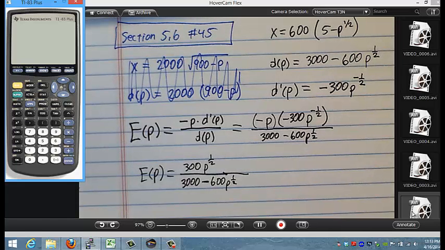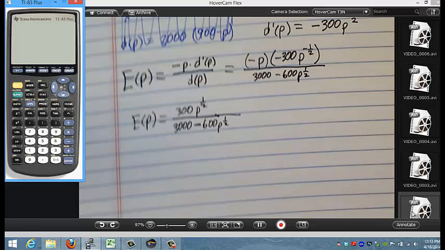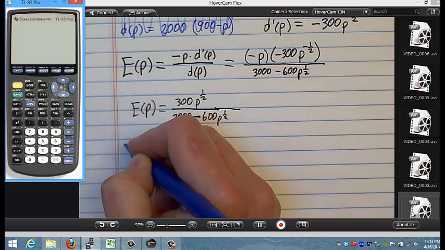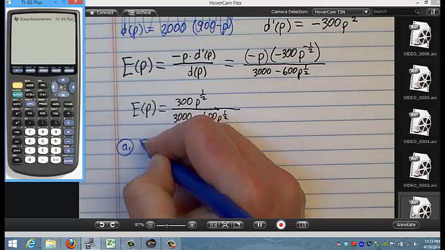All right. So now let me show you what I would do. I'm going to take this function. I want to know, let's set it equal to 1 and see what happens. Although actually, it doesn't say that. It says, is the demand elastic or inelastic at the $4 price? So for part A, you could just compute E of 4.